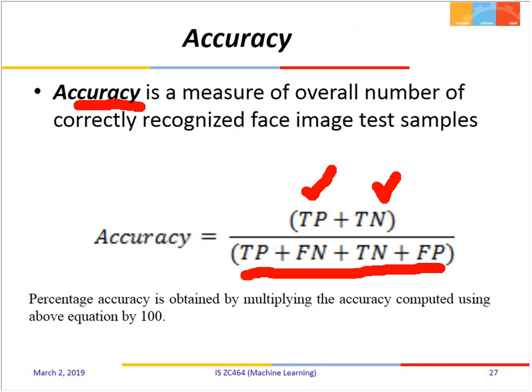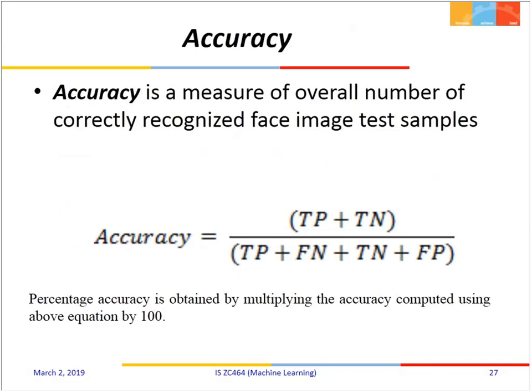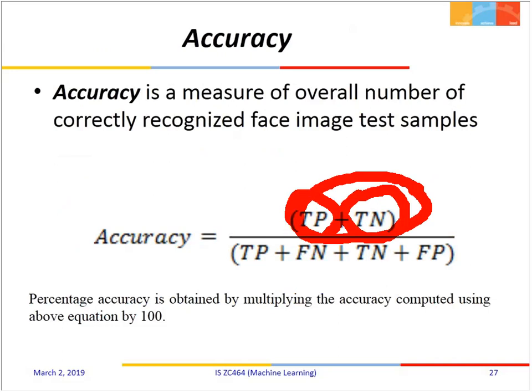Right. So here again pick up these words. The true positive is the correct acceptance of the authorized people. True negative is the correct rejection of the imposters. That means this is all a total of what your classifier is expected to do, and how much it has done in terms of all the people, including all authorized and all imposters. How do you define all authorized out of these?